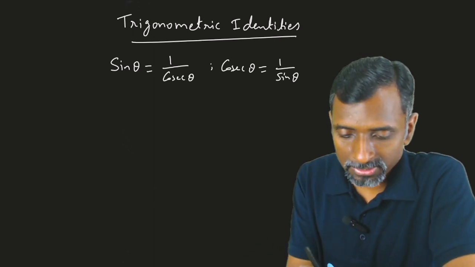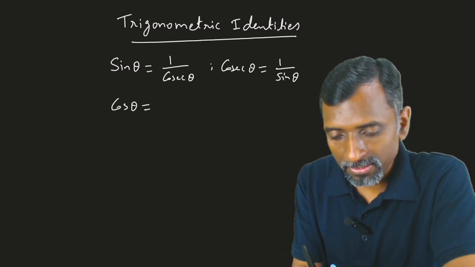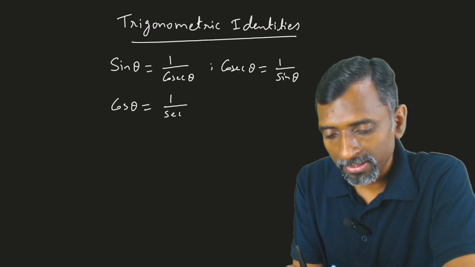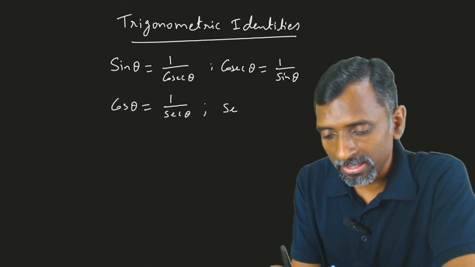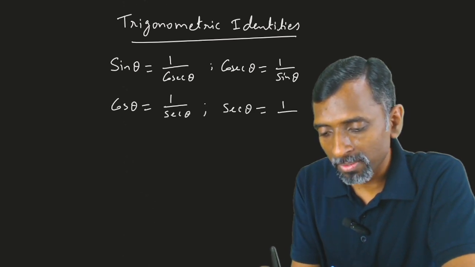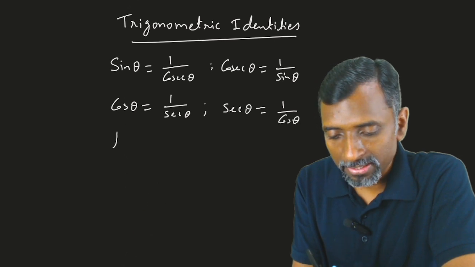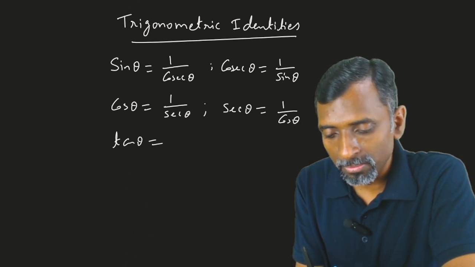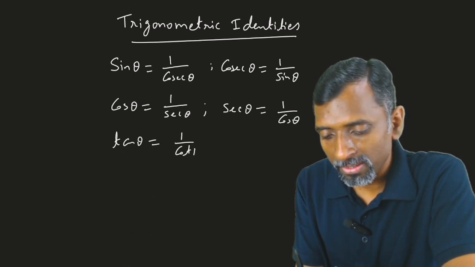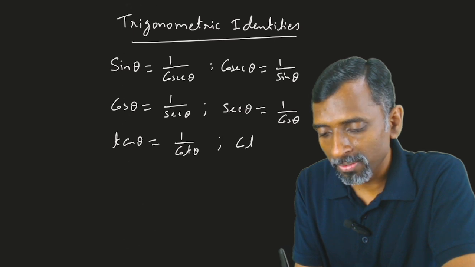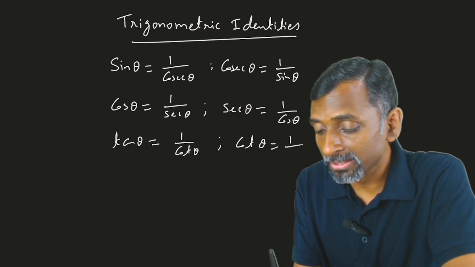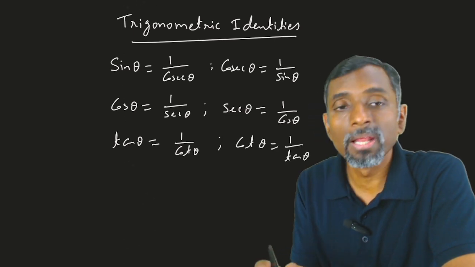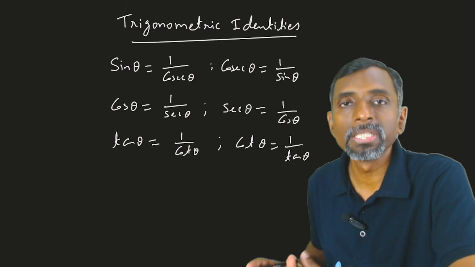Now, cos theta is equal to 1 by sec theta. We can say sec theta is equal to 1 by cos theta. We can say tan theta is equal to 1 by cot theta and cot theta is equal to 1 by tan theta. So these are the reciprocal relations between the trigonometric ratios.